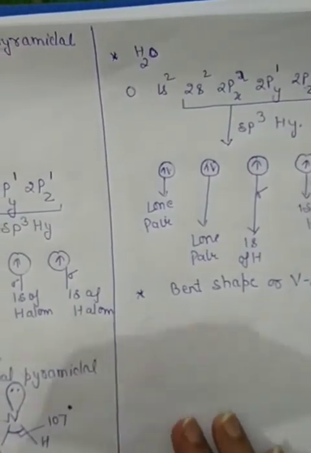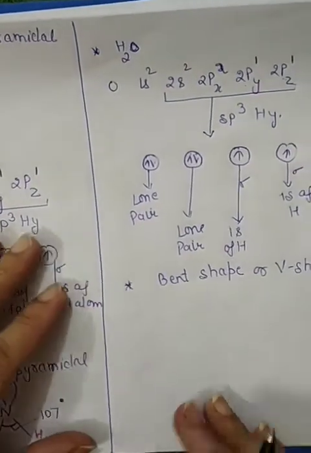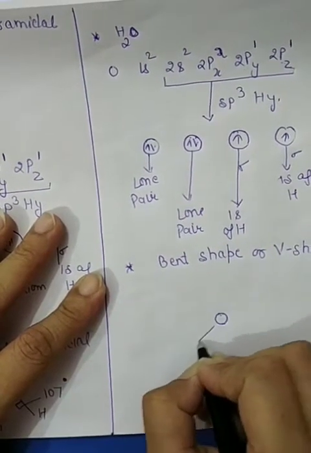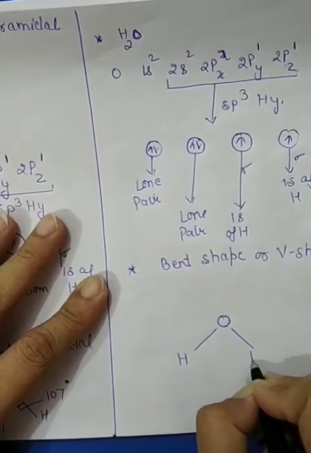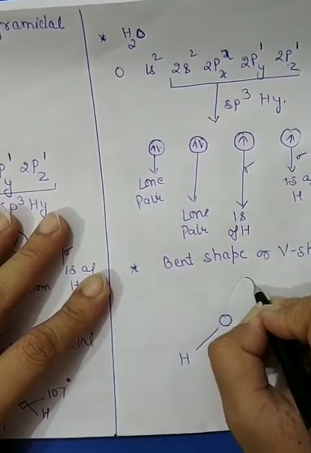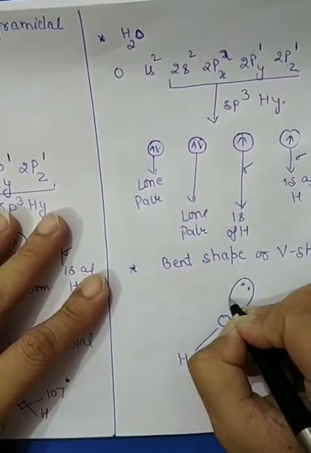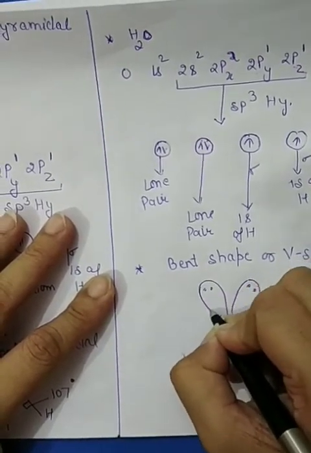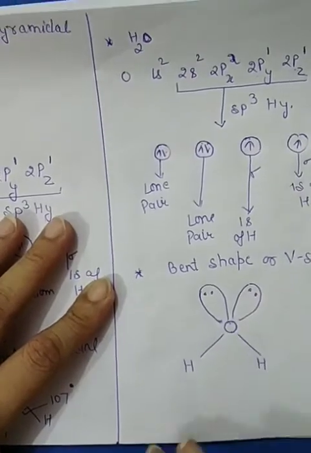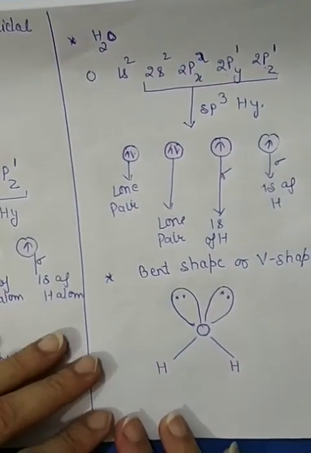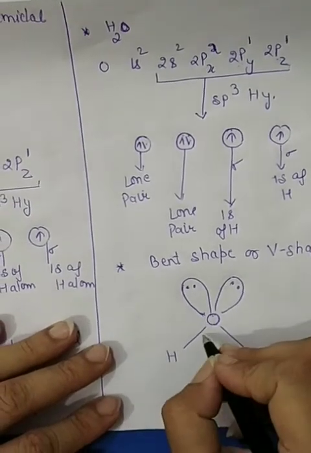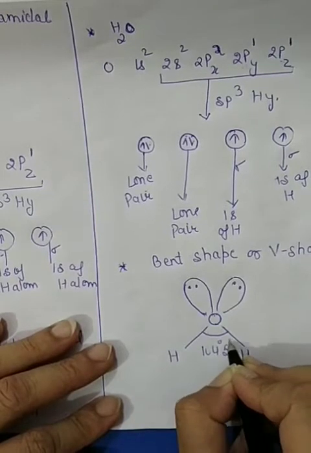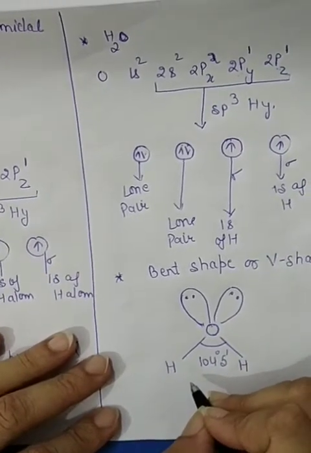Their geometry is unsymmetrical, irregular, with oxygen in the center, 2 hydrogens and 2 lone pairs present. So this is the structure of water. If we discuss the angle in water, then it is 104.5 degrees. Okay.